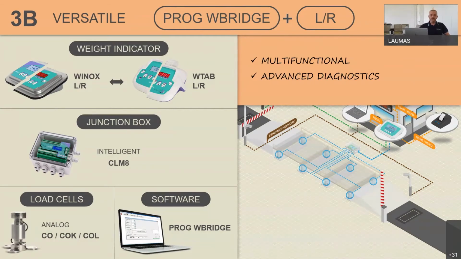So, in case the PC program fails, for example, it can act as a spare wheel. I repeat once again that the indicator has to be a standard one, so not one with track scale software, because in this system, the master of puppets managing everything is the Prog W Bridge.